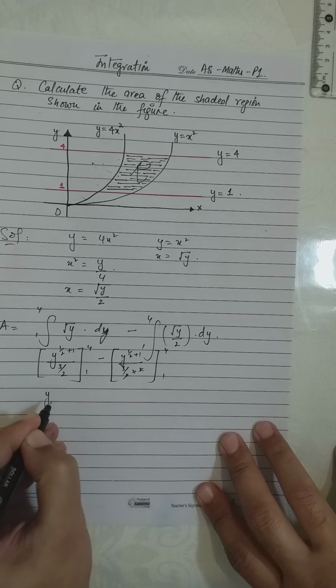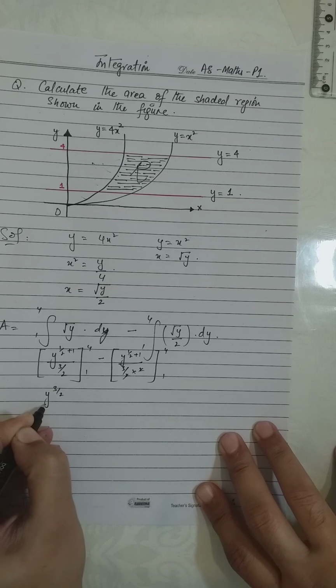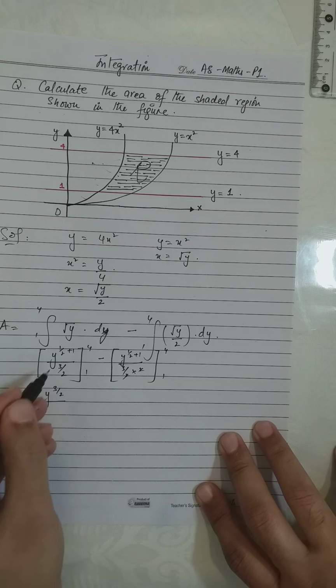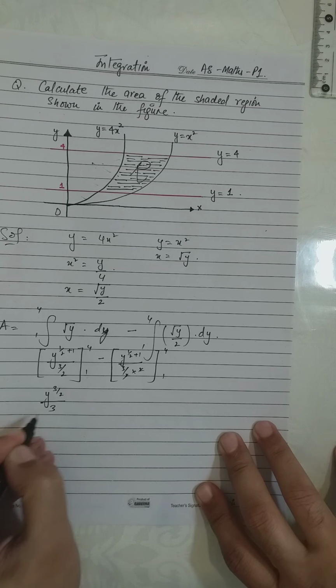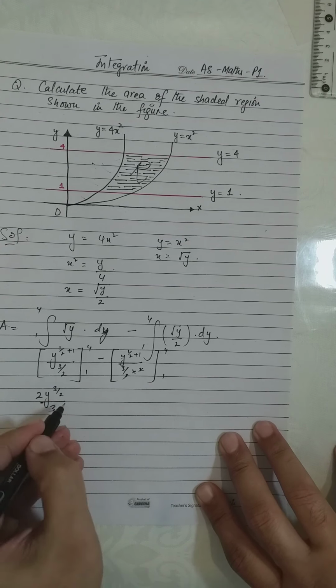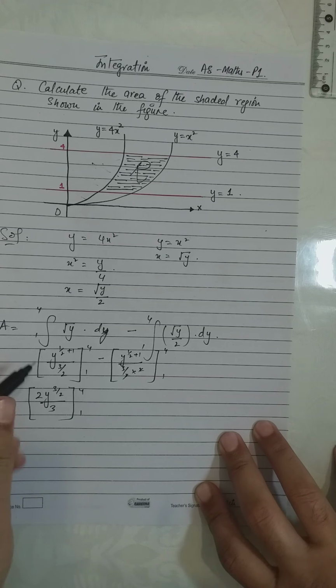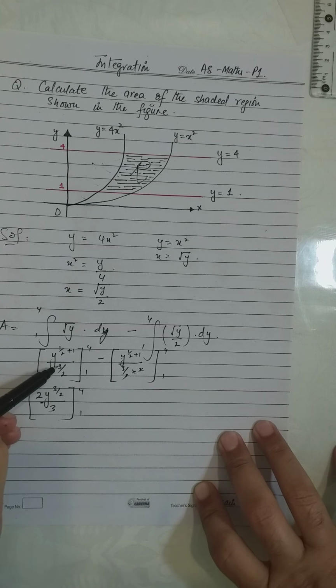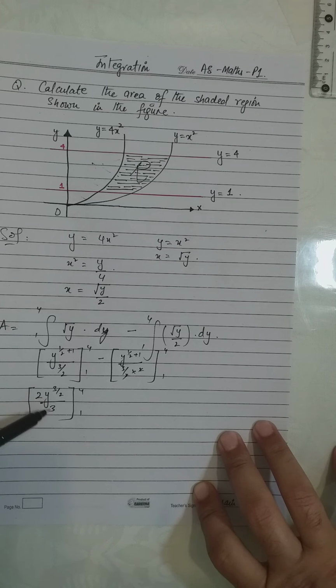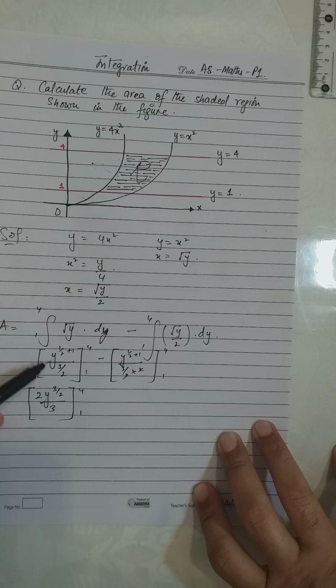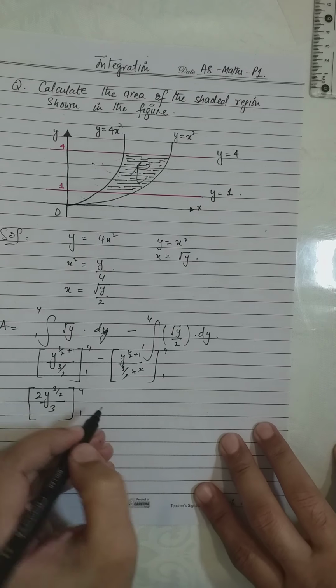So we have y to the 3 over 2 over 3 over 2, with the limits 4 and 1. If you divide y by 3 over 2, you get 2y over 3. You can work this out on the calculator, take anything as an example, and you get to know how this is done.